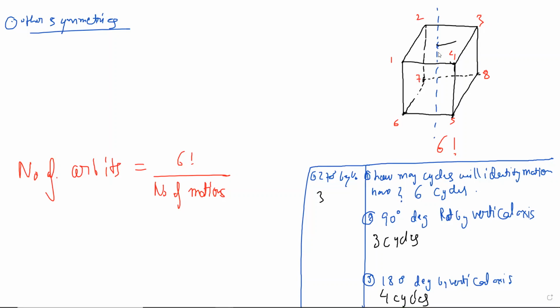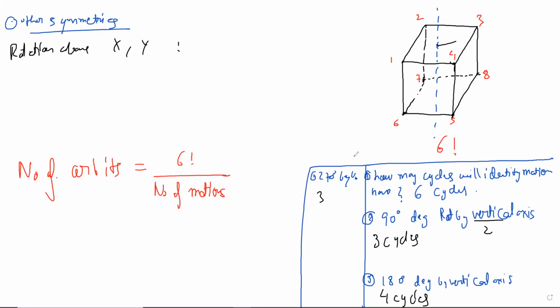And then similarly, other symmetries are the rotation about the x-axis. I'll call the vertical one the z-axis. Rotation about the x and y-axis: the situation would be exactly the same, right? You would have 4 of them.